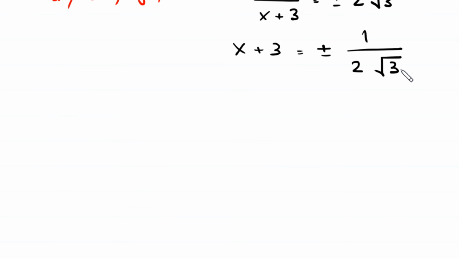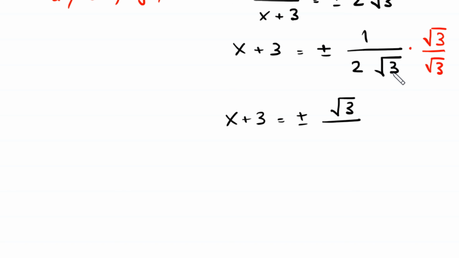To rationalize the denominator, we multiply and divide by root 3. So x + 3 will be equal to plus minus 1 times root 3 is root 3, and 2 times root 3 times root 3 will become 6. Move this 3 to the right hand side. This will become x is equal to (negative 3 plus or minus root 3) over 6.